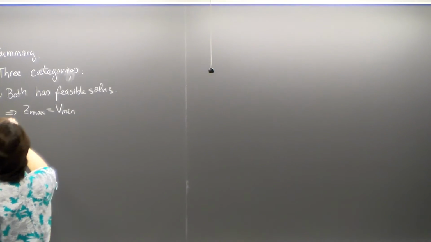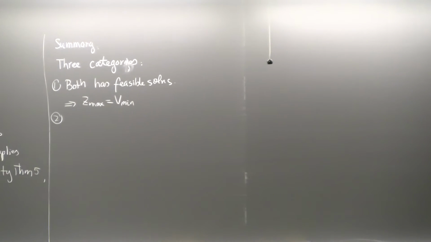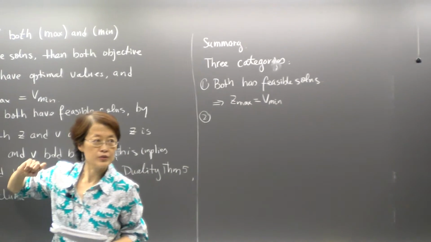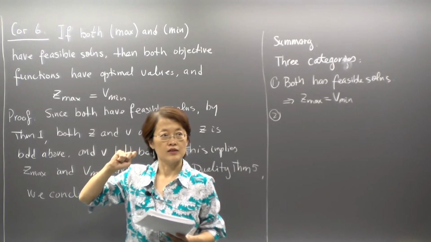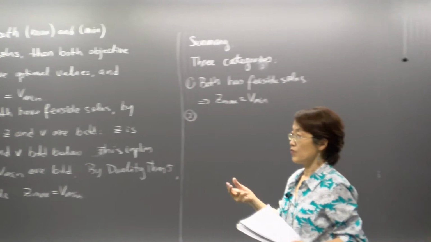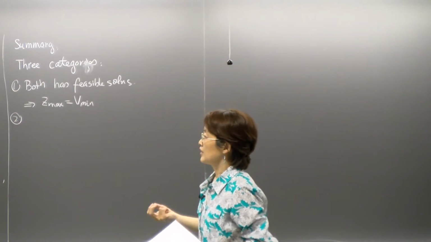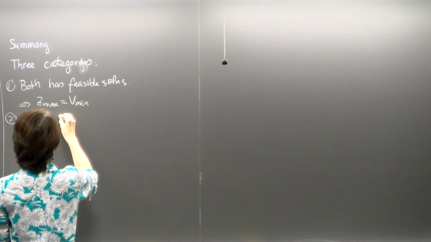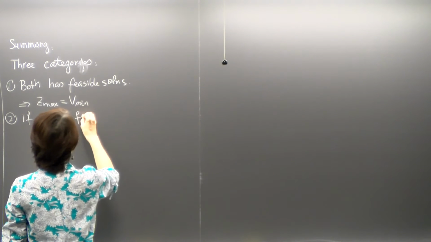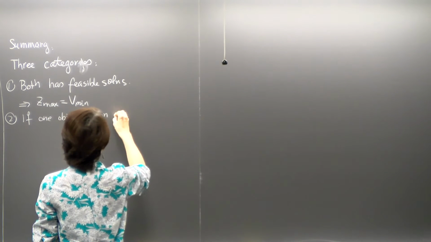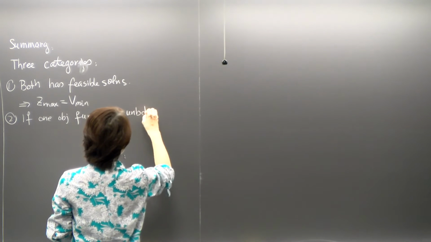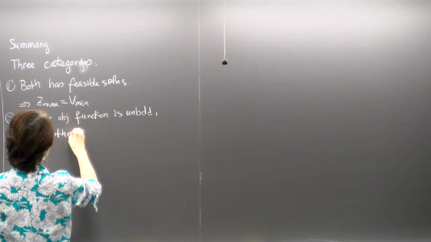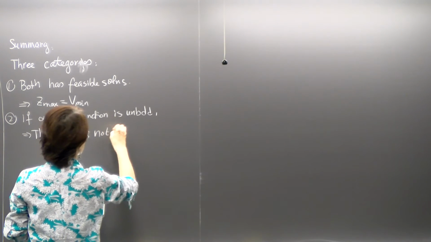And then the second one is from corollary 4, which is to be proved by you. You will prove it. Which says if one is unbounded and the other is feasible. So if one objective function, one of these is unbounded, then this will imply the other is not feasible.